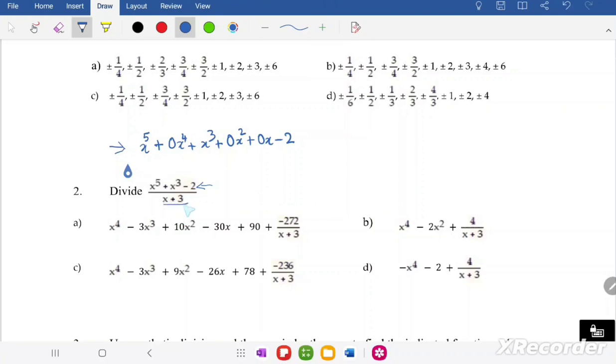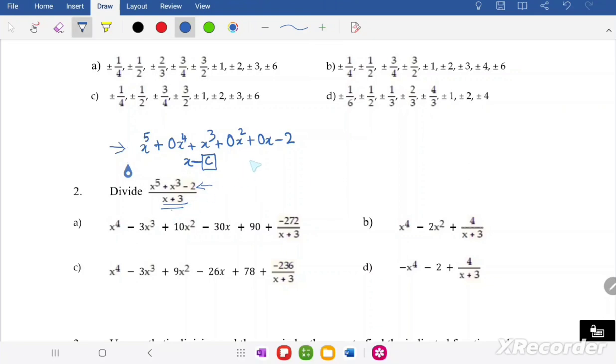And then for the denominator, remember the denominator has to first be expressed in x minus c form, and what we divide by in synthetic division is going to be the value of c after pulling out the negative sign. So here we have x plus 3.